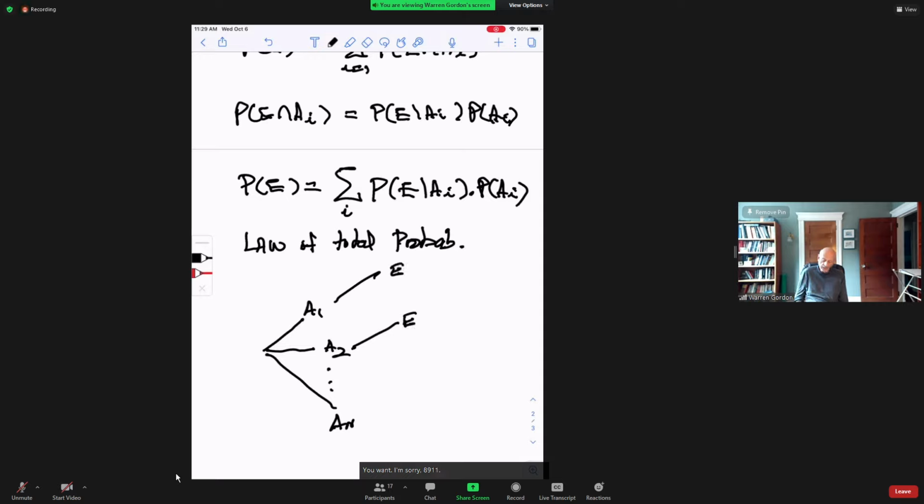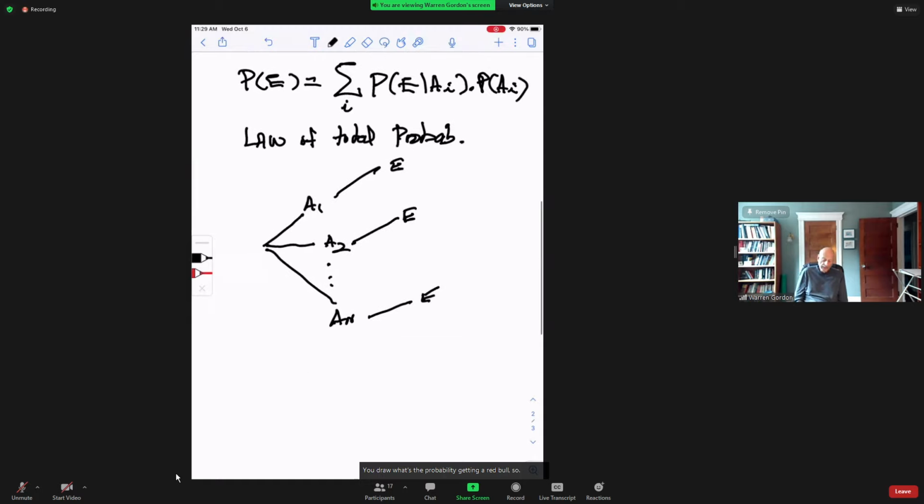Think of the problem as there being n urns, and in each urn there are red balls. You draw, what's the probability of getting a red ball? So then the probability of E can happen in all these distinctive ways.